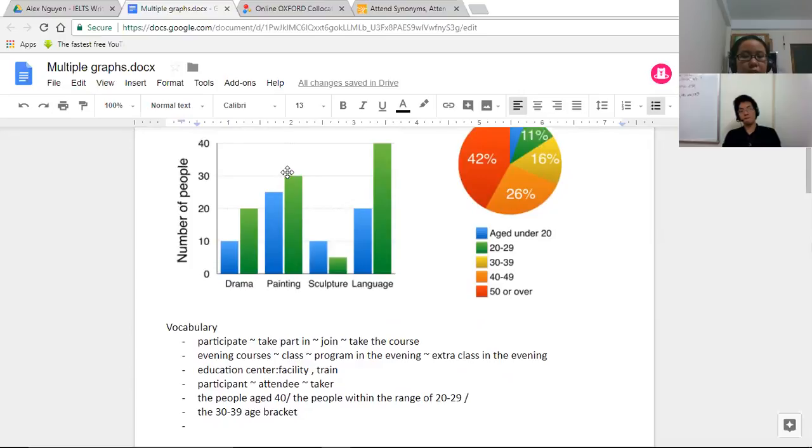Okay, let's see how we can put this sentence into context. So here I would just say for painting, there were also more women than men. There were also more women than men in painting classes. And then I talk about sculpture.